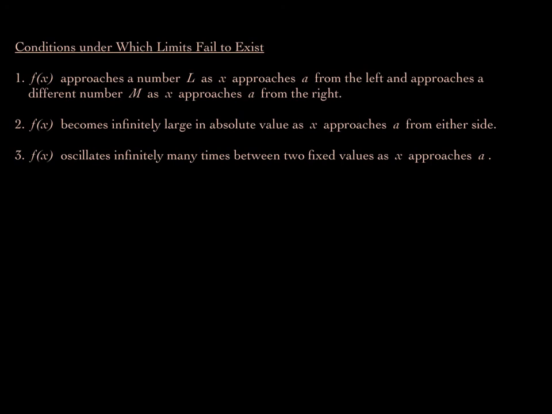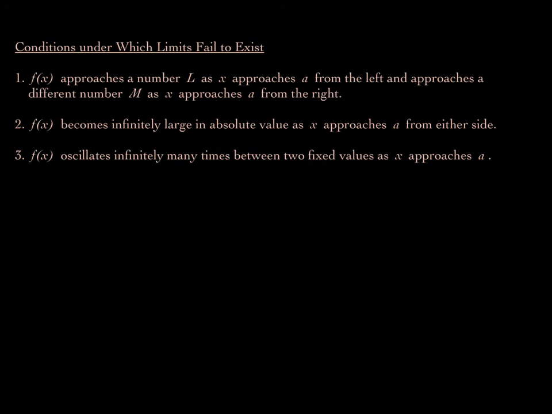The second condition is when your function values become infinitely large in absolute value as x approaches a from either side. This was like the example where we were graphing the rational function 1 over x squared, and the function values were approaching infinity. So the limit did not exist there either. Finally, when your function values oscillate infinitely many times between two fixed values as x approaches a.